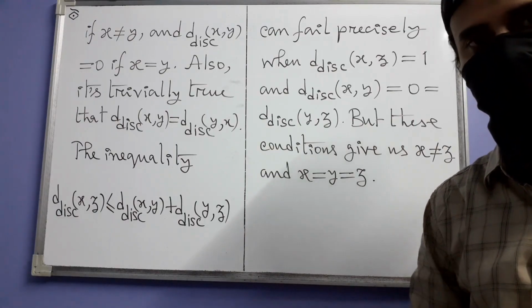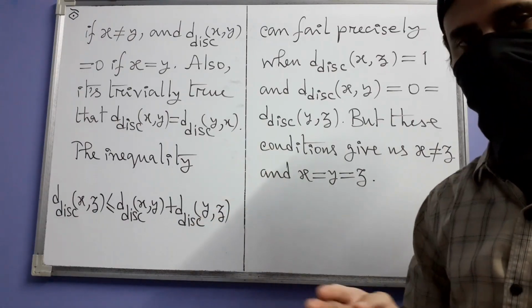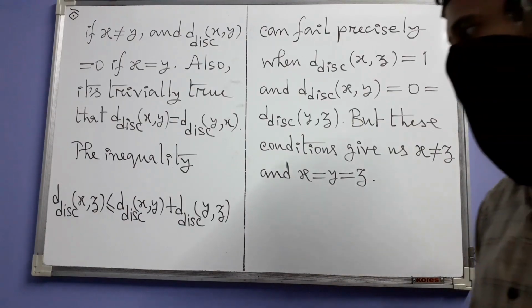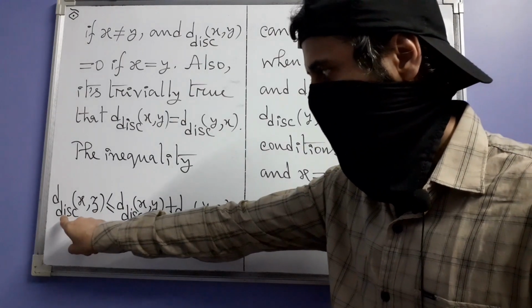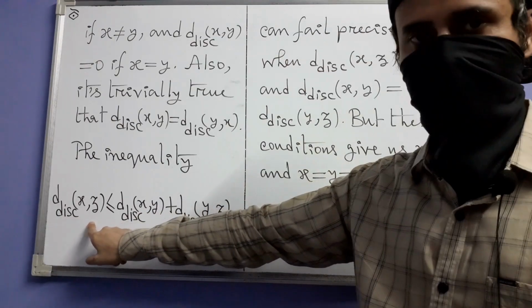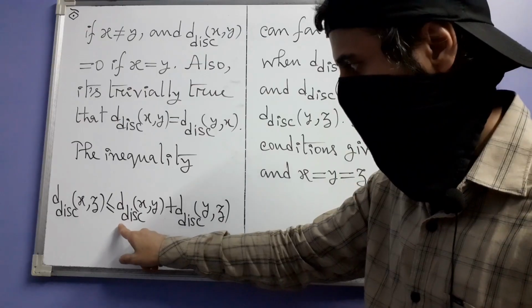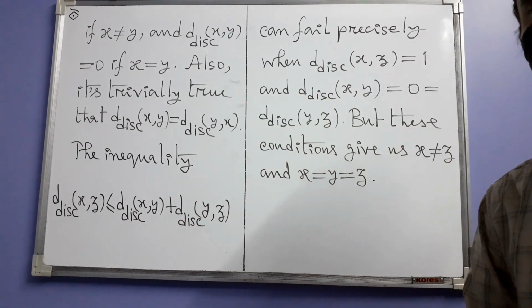What are the other cases? Does the inequality hold in other cases? The other cases are these: that you have 0 here, and you have something here.